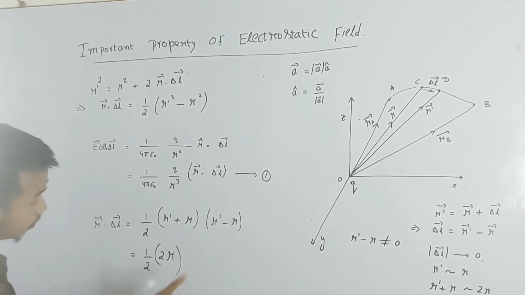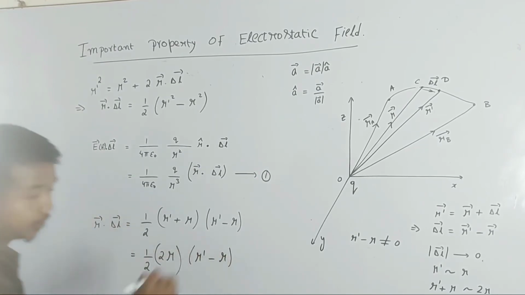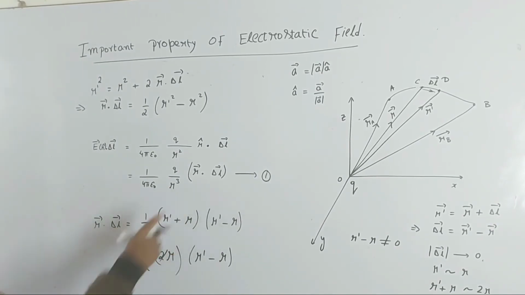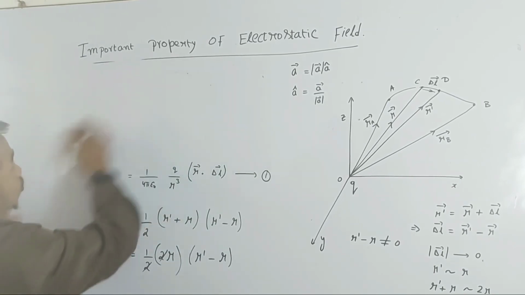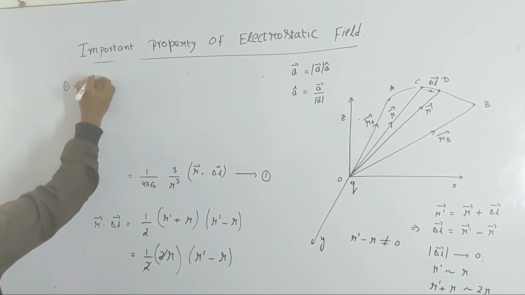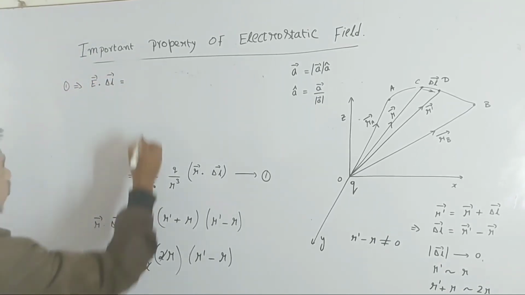Then R dash minus R is not equal to 0, so therefore it will remain as it is. Then this 2 will get cancelled. So if we put this value in equation 1, R dot delta L, equation 1 turned out to be E dot delta L is equal to how much?